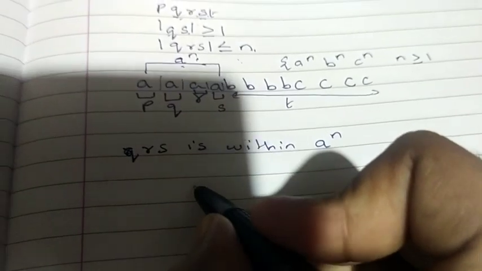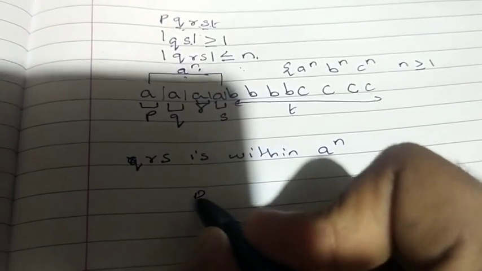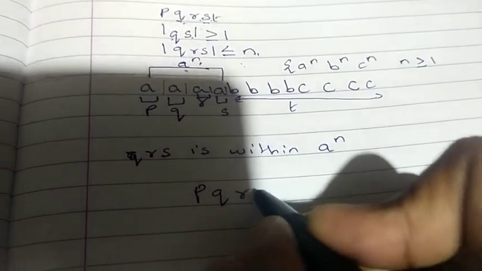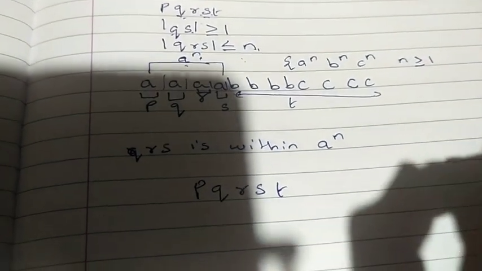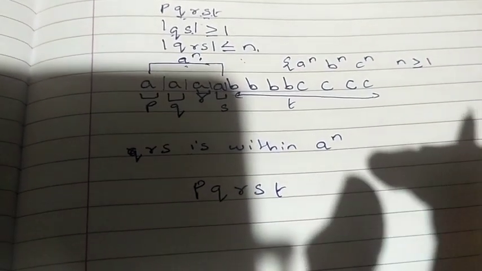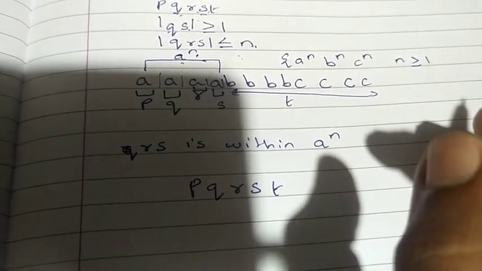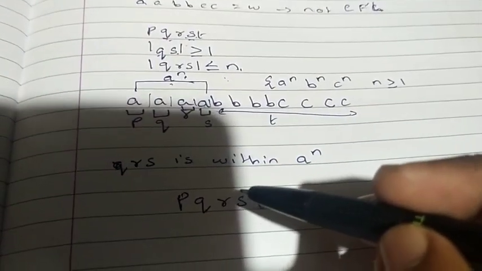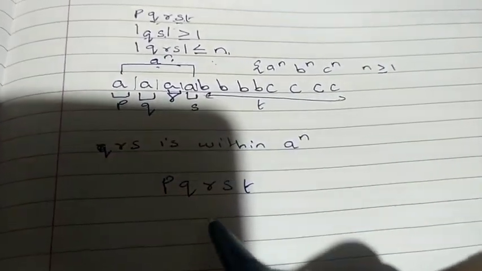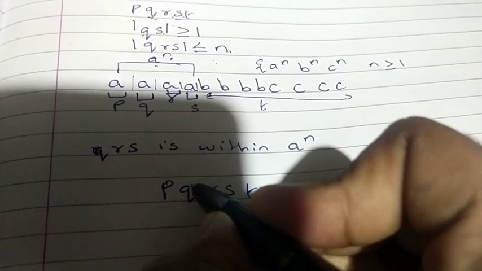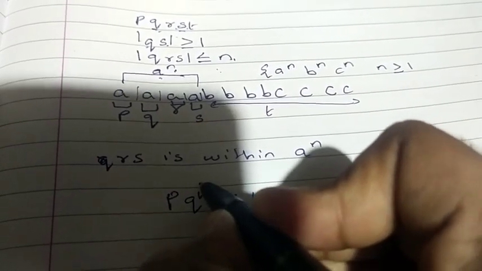Another thing you need to notice is P, Q, R, S, T. To show that this language is not context free, whatever we do with this, there is an i value attached.